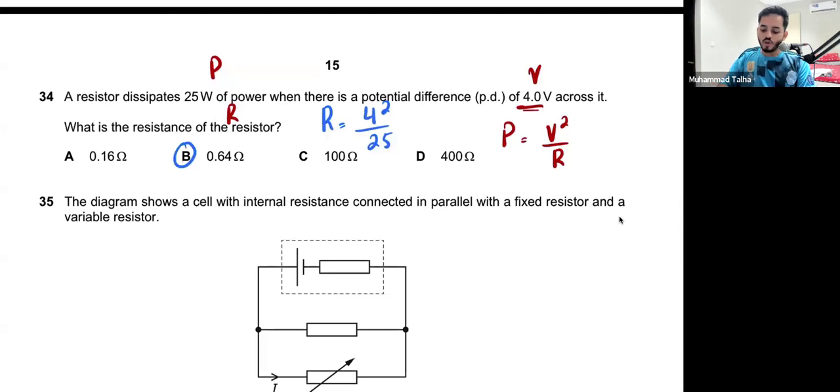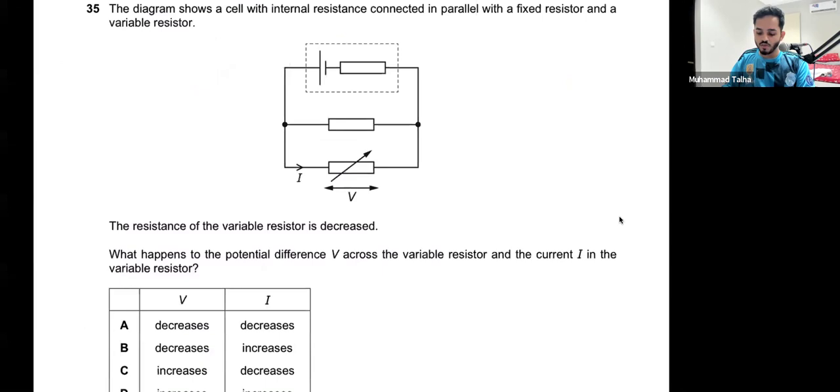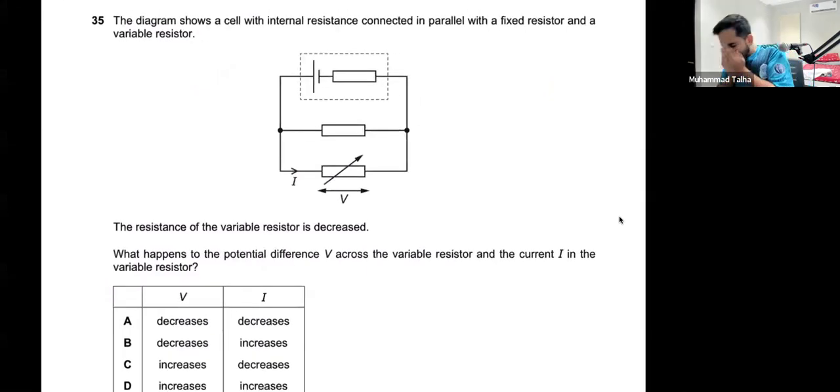All right, let's go on to the next one. The diagram shows a cell with internal resistance connected in parallel with a fixed resistor and a variable resistor. Resistance of the variable resistor is decreased. So this resistance goes down. What happens to the potential difference across the variable resistor and the current in the variable resistor? If this resistance goes down, this entire parallel combination, the resistance of this goes down.